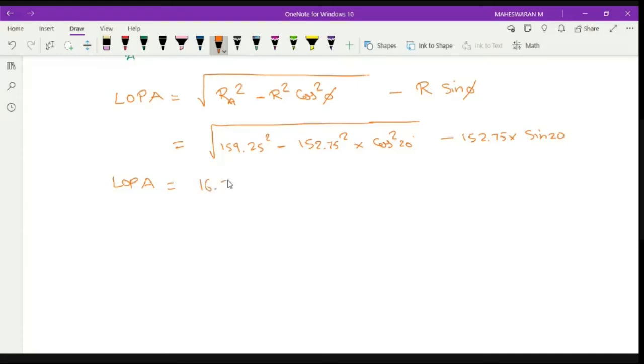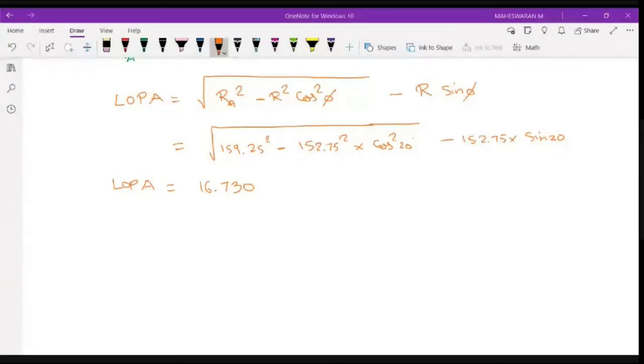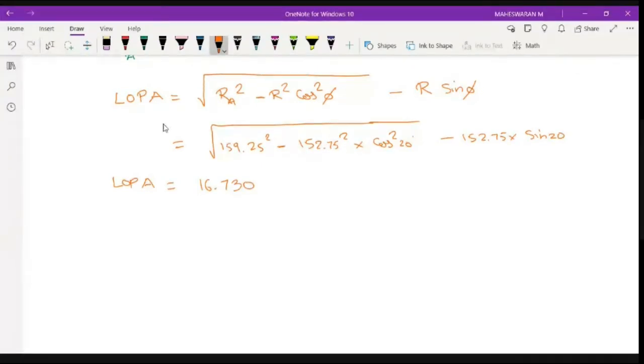So sorry, 16.730. 16.762, sir. Almost the same as earlier, sir. I just approximated, sir. That's all, sir. Okay, 16.76 mm. So make sure it is negative.